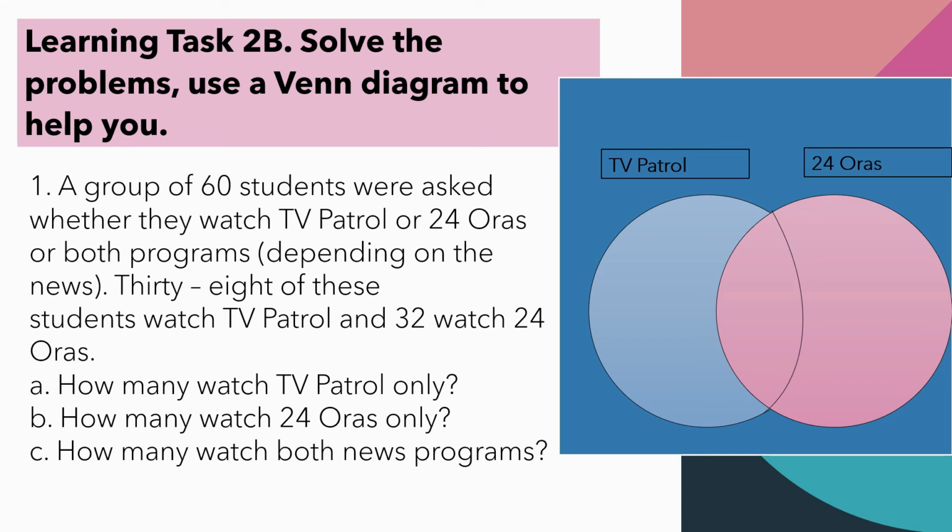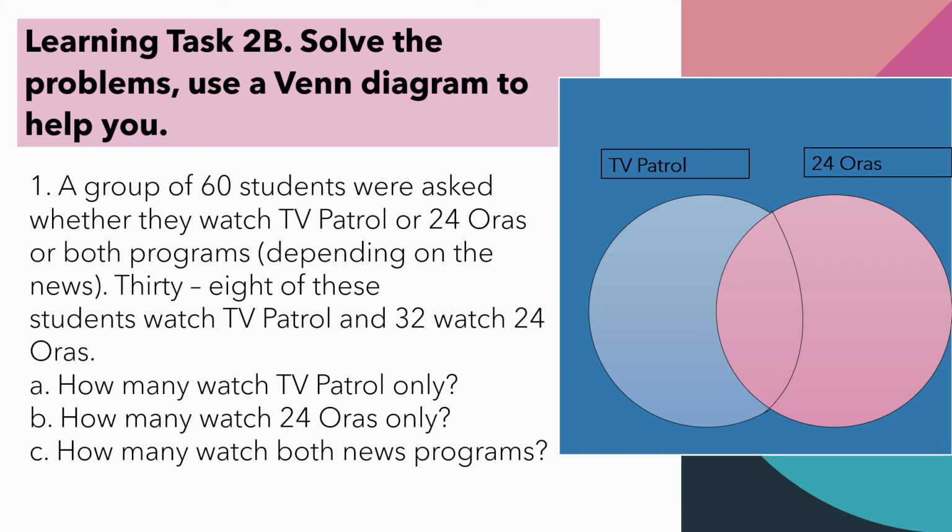You are now to know how many watch TV Patrol only, how many watch 24 Horas only, and how many watch both news programs. This is just our illustrative example number 3.